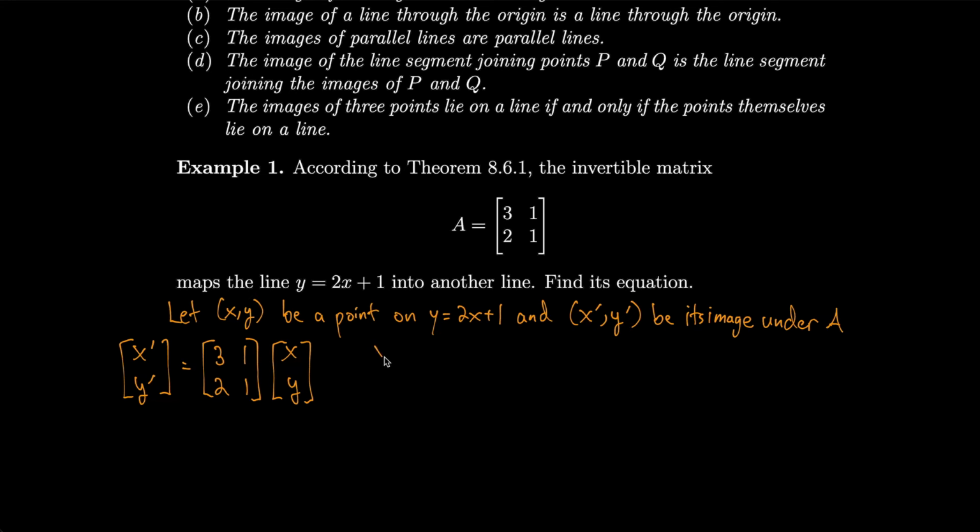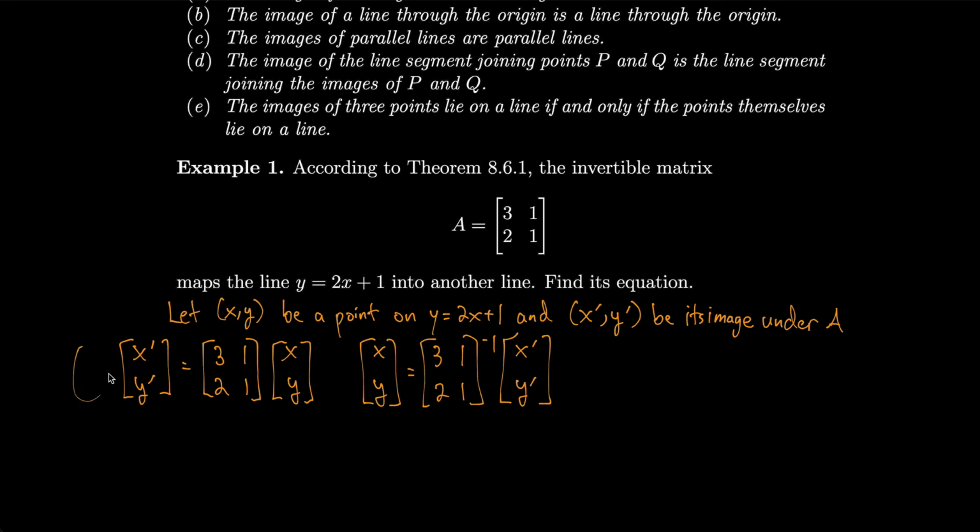So that means that (x, y) is equal to the inverse of [3 1; 2 1] multiplied by (x', y').